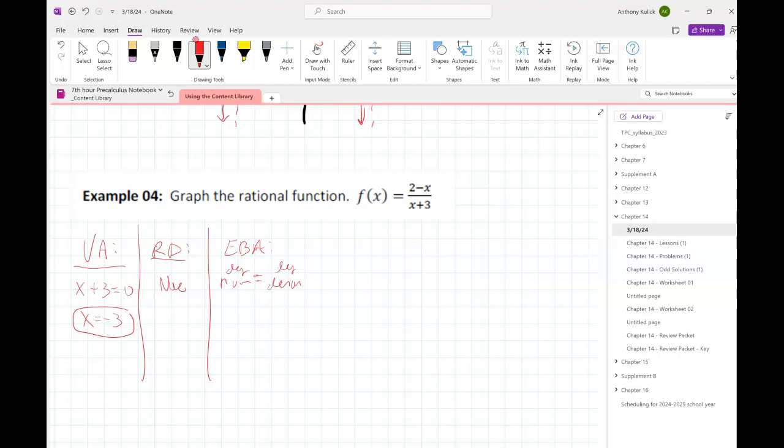What are both the degrees? 1. Yeah, 1. So I know that my asymptote is the leading coefficient of the numerator over the leading coefficient of the denominator, or just -1.